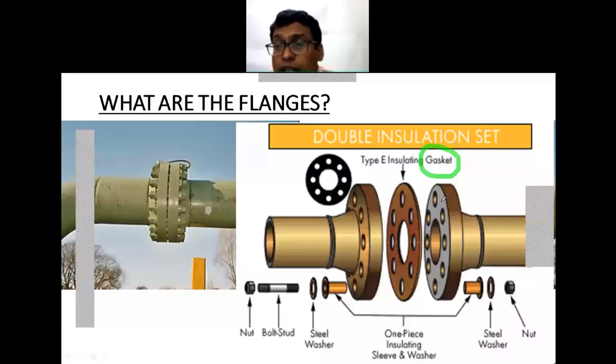So for that purpose, gaskets are introduced in between the two flanges, which seal all the pores, and these two flanges are connected or tightened with the help of the nut and the bolt. So you will require two faces, one face and a second face, the gasket, and the nuts and bolts.